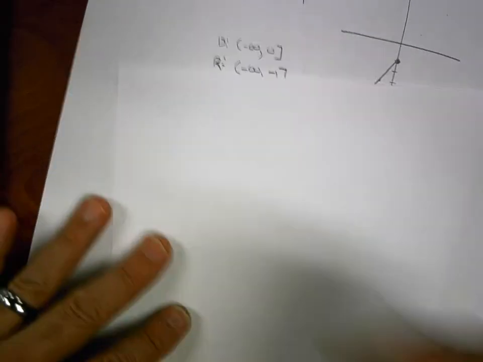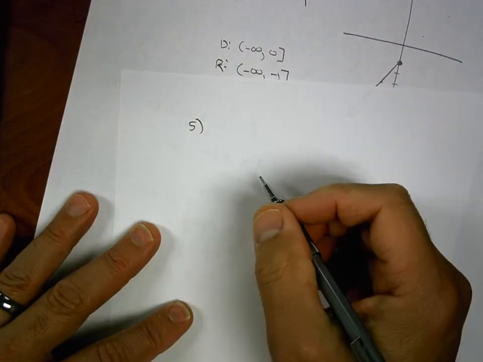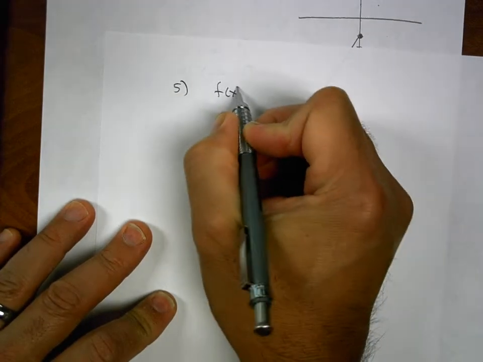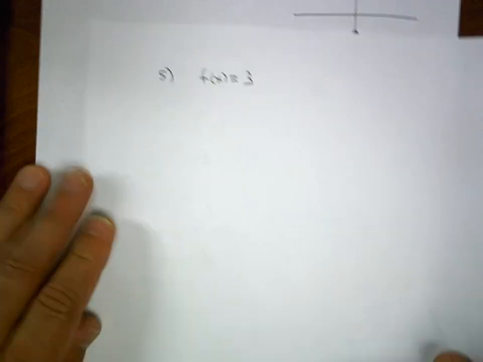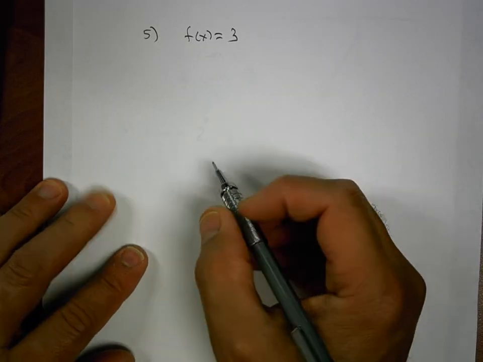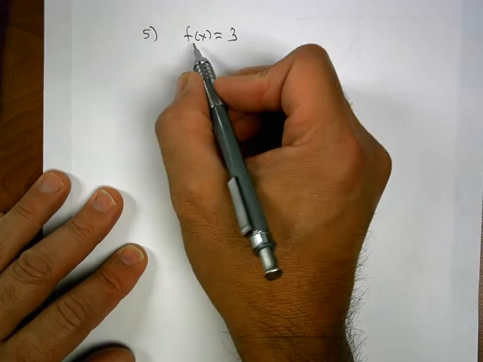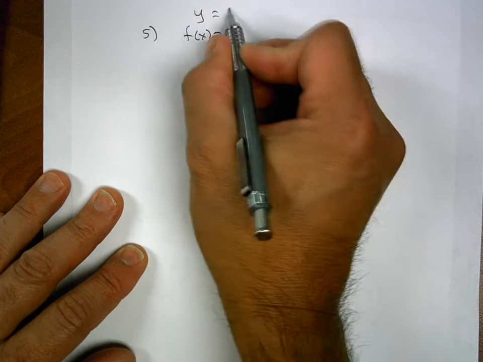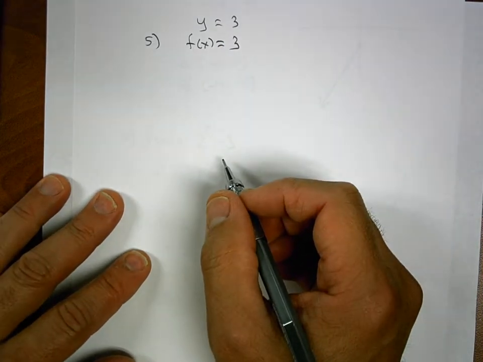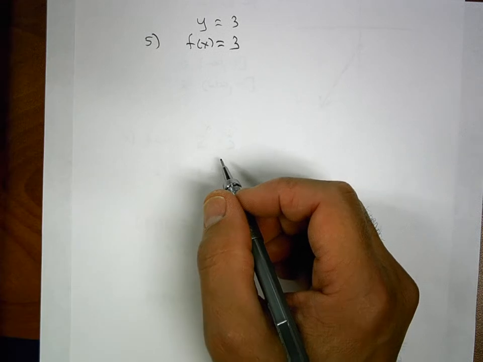Okay, number 5. Okay, let's say we have y or f of x equals 3. That's the same as y, right? Y equals 3. We all know what y equals 3 looks like. What does y equals 3 look like? This way or this way?